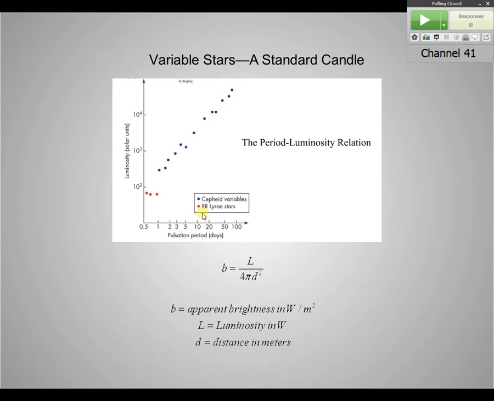But if you could think of it like all these candles are always this amount of wattage, then I can know that if it's only this bright to me, then I can work out the distance. So anything that helps you work out the distance based on some standard known luminosity trait is something we call a standard candle. Variable stars are an example of a standard candle that help us determine the distances that these stars are away.